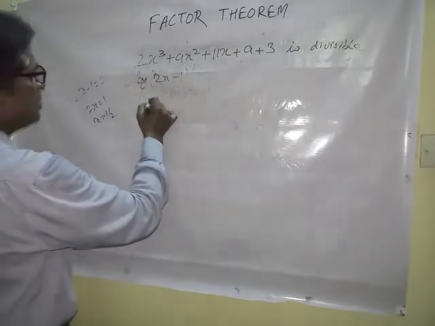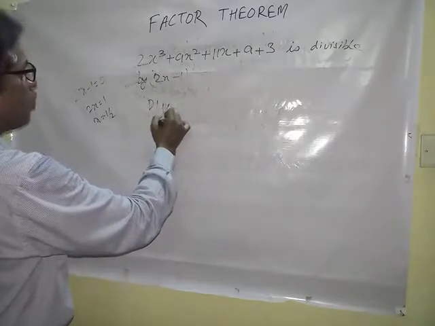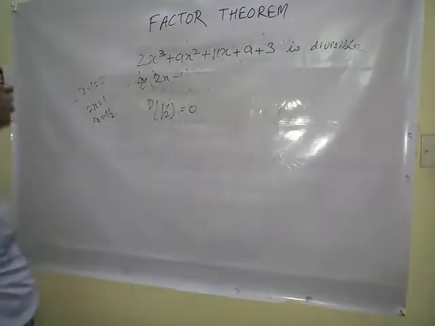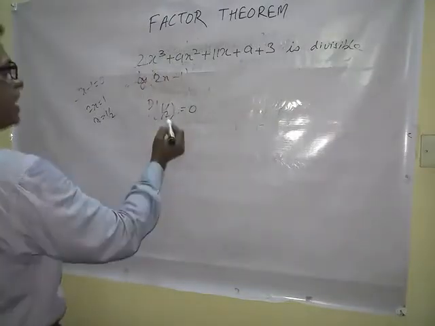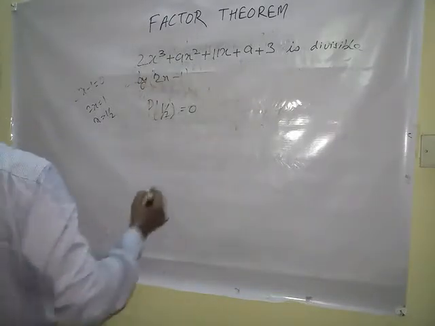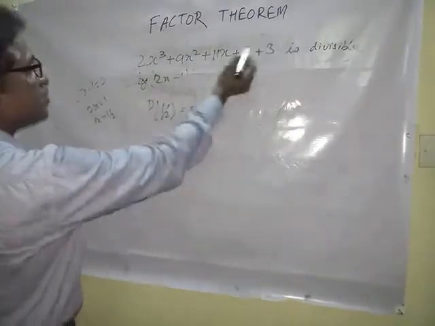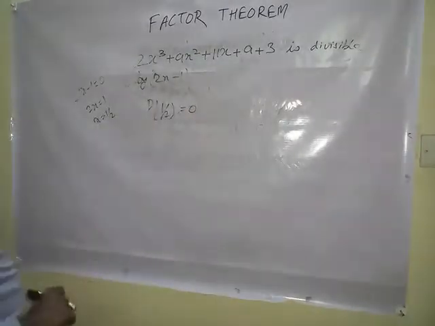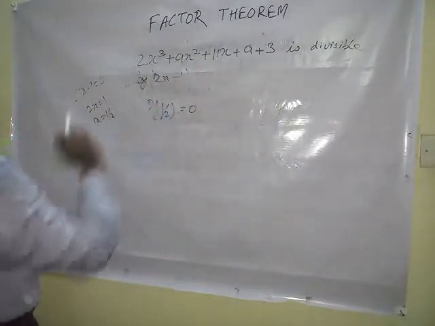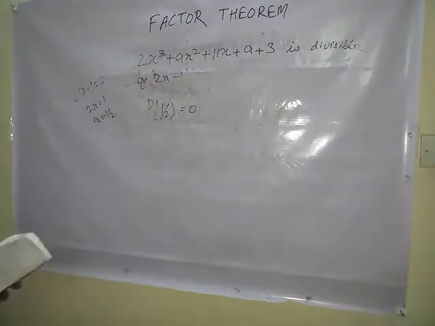Hence P(1/2) equal to 0. Put the x value 1 upon 2 here, solve this equation, equate it to 0, and you will get the value of a from here. So let us look at further examples. So that is what is in the factor theorem.